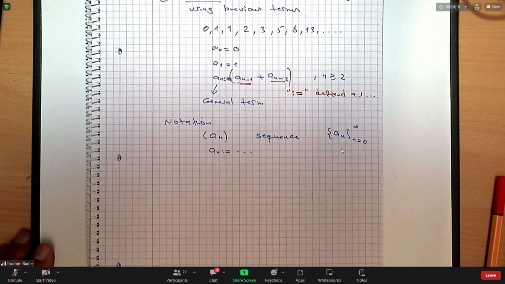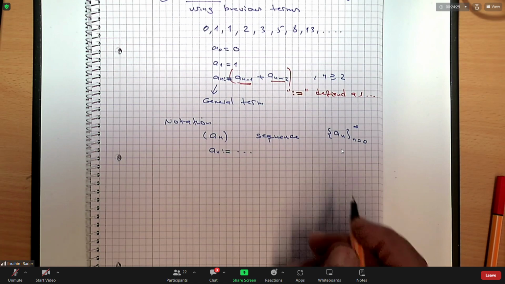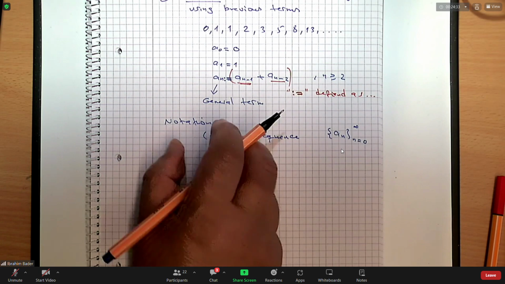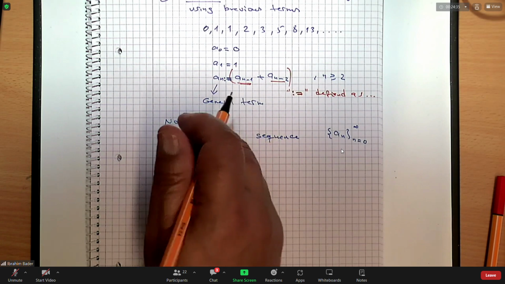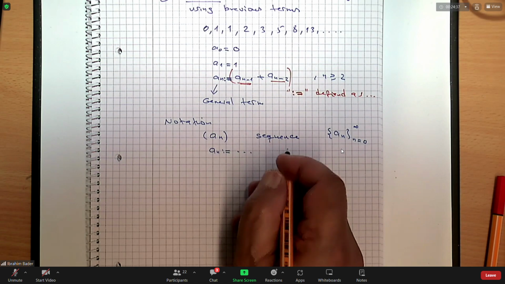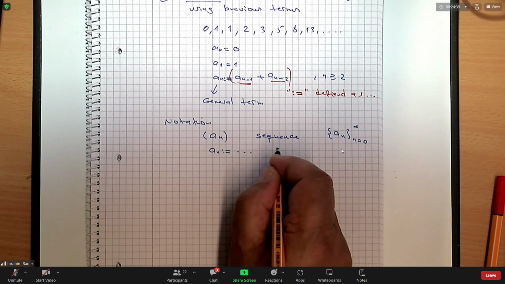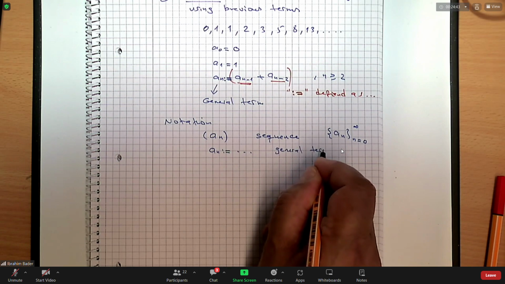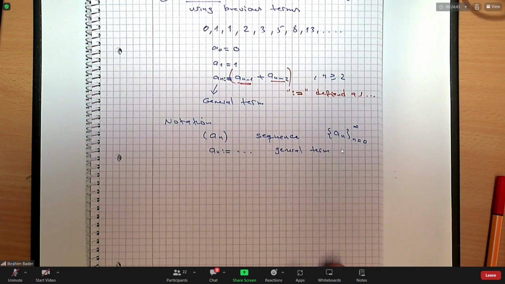You need to stick to what the reference you're using agrees on regarding notation. Sometimes, but we will just use this simple one. When you enclose it within parentheses, it means the entire sequence, and this is here the general term formula, whether explicitly or recursively defined.